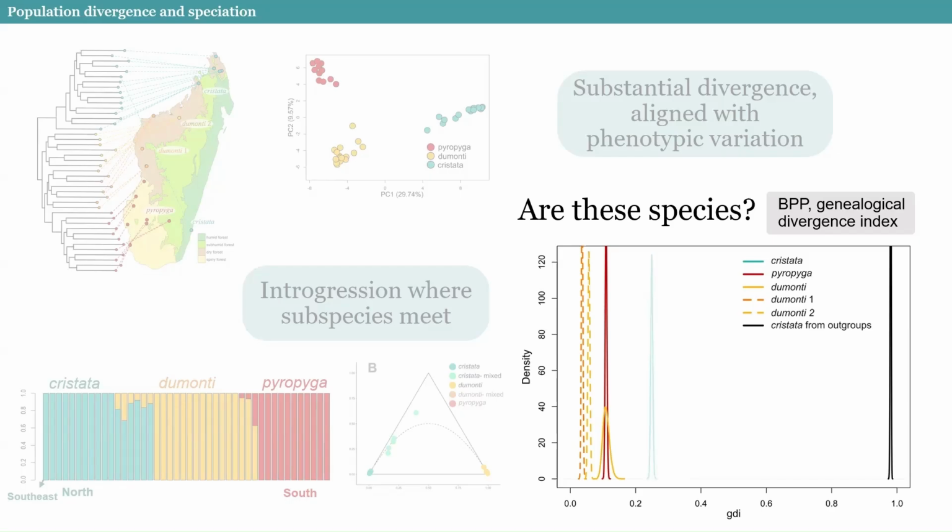So over here, the difference between those two Western ones is pretty low. This is within the range of values that we'd usually consider not high enough to consider these separate species. So they're divergent, but probably not enough to consider them species. Whereas the divergence between cristata, that northern subspecies, and the other two is good, it's about twice as high.